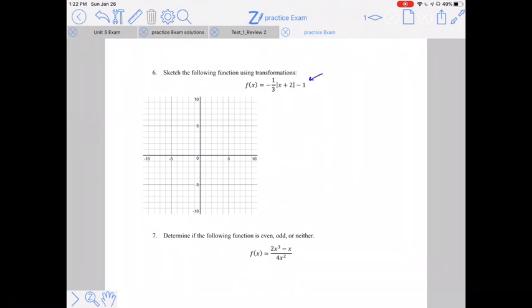So let's see. This moves down 1 unit. This moves left 2 units. This right here, the minus sign, is reflection on the x-axis.